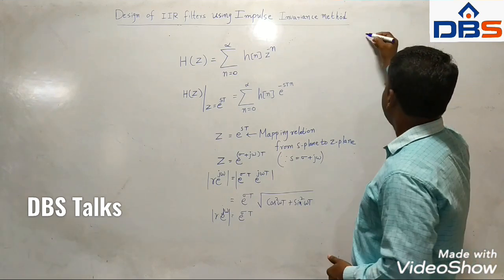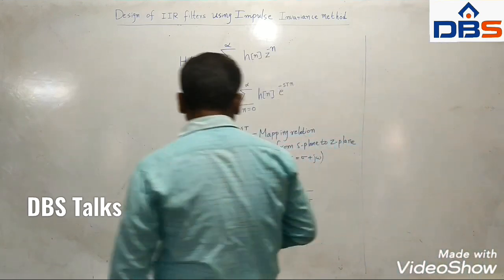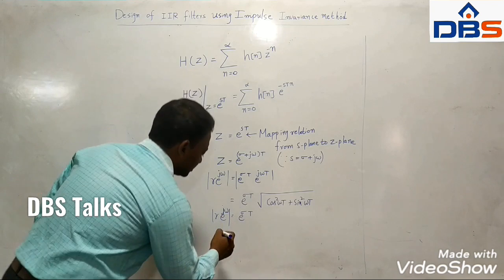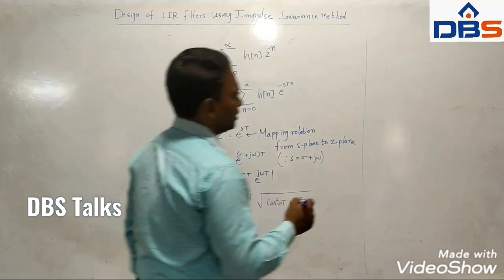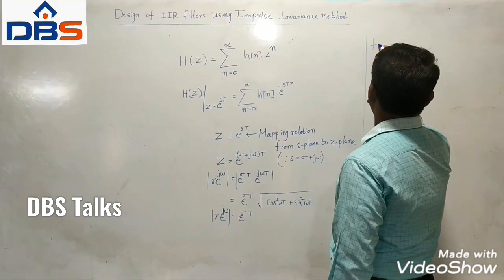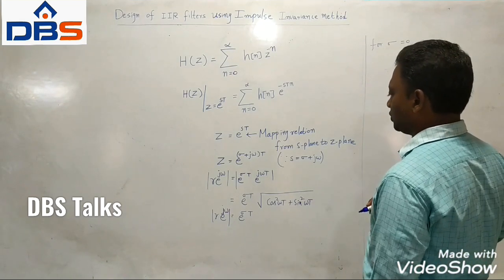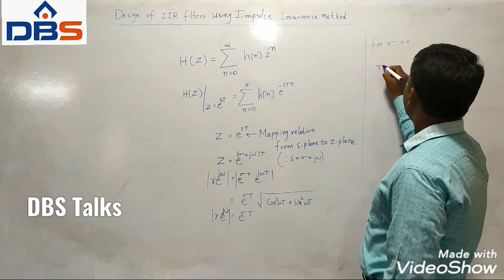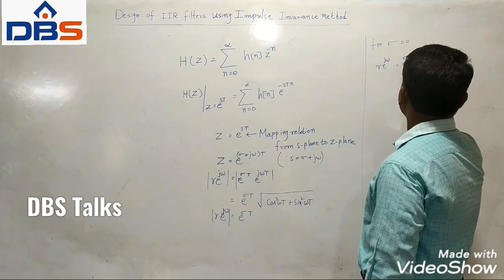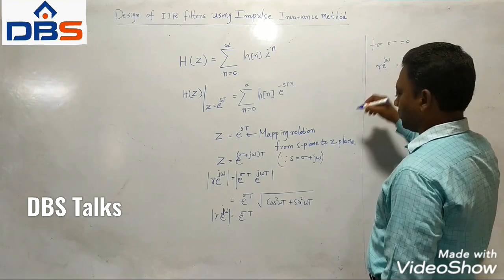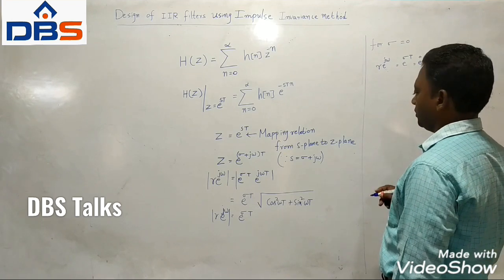Now see what happens when sigma is equal to 0: r is equal to e power sigma t, and when sigma is 0 this is e power 0, which is equal to 1.